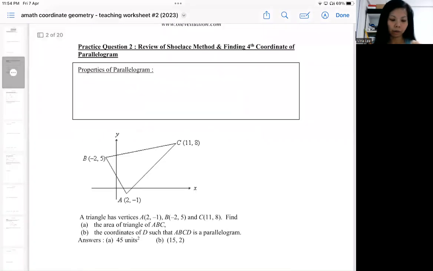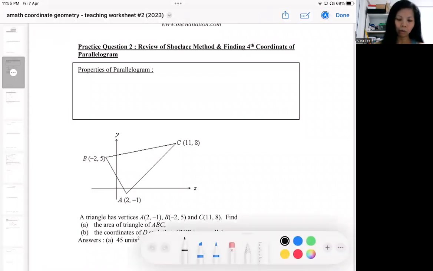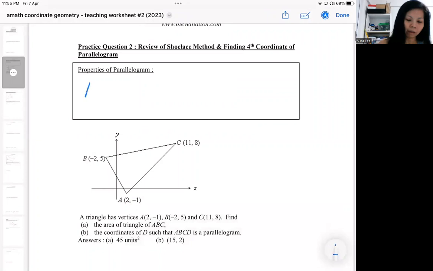So for example here, I will show you the properties of a parallelogram. Okay, I will not be going through the basic ones, like opposite lengths are the same, and the opposite sides are parallel. So I assume you will know that the opposite sides are parallel and actually the same length.